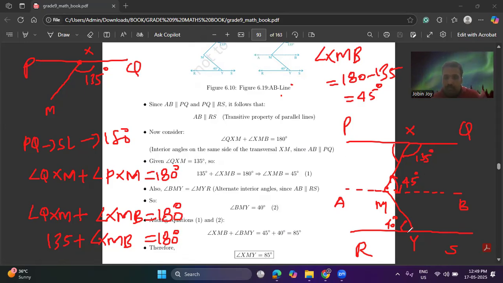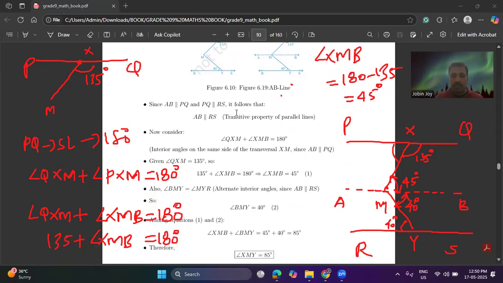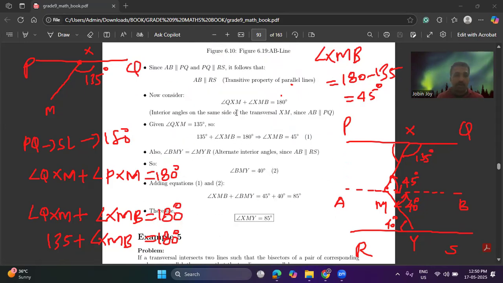Here you can see MYR is equal to 40. This angle is 40 degrees. So the question is, calculate XMY.